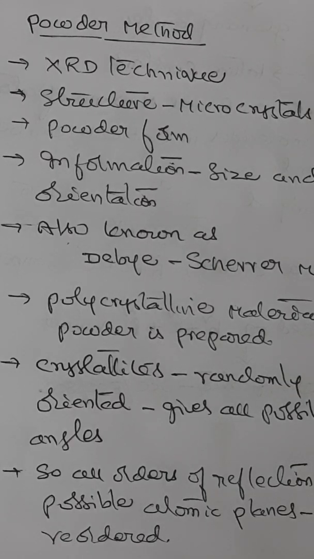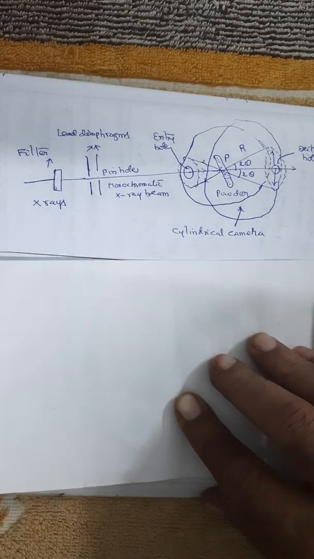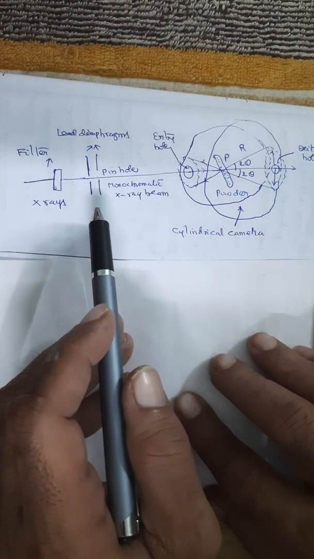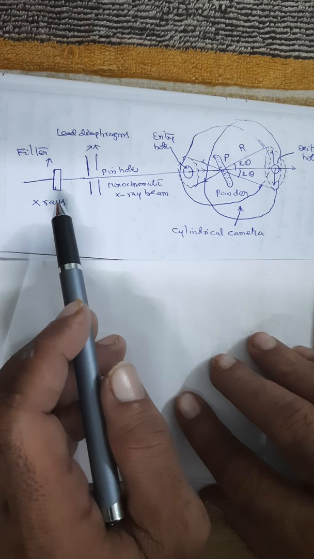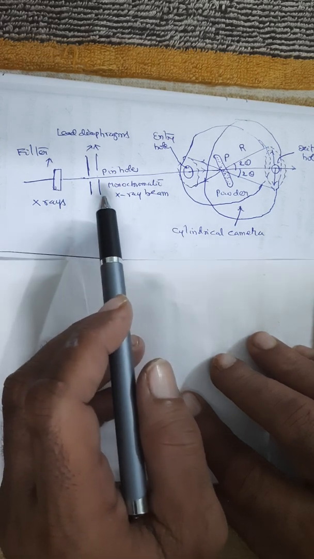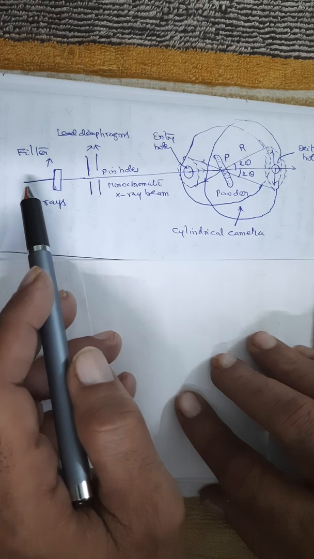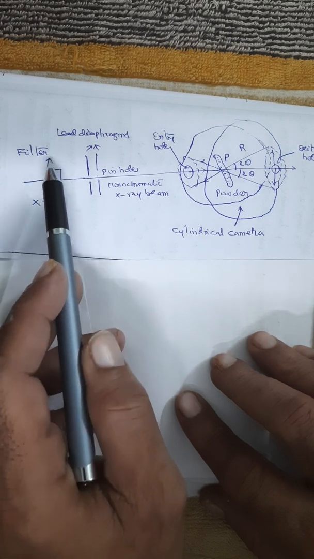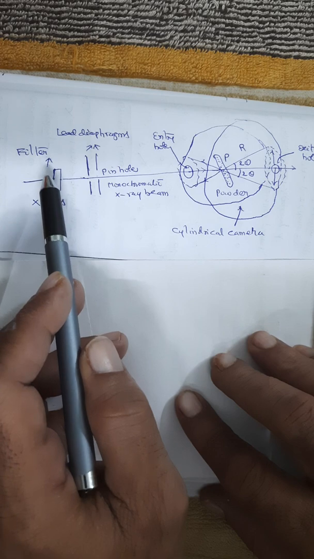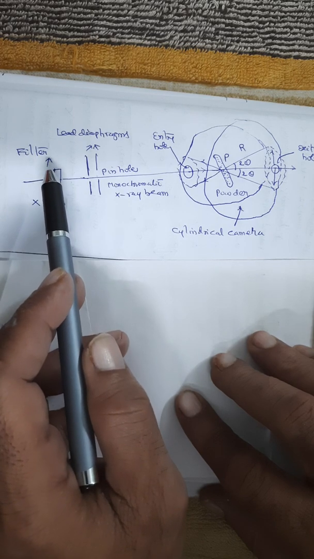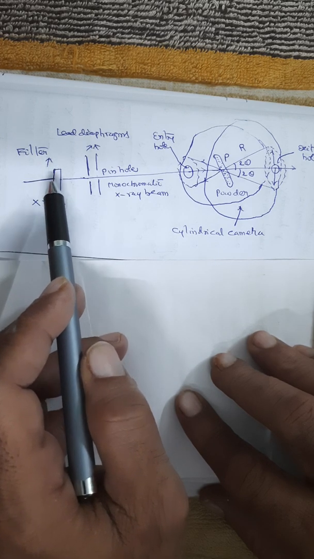Now let us see the experimental setup for the powder method. This is the schematic representation of the experimental setup. If you see the contents here, X-ray is being used as a source, and there is something called a filter. The purpose of the filter is basically to get a single wavelength.